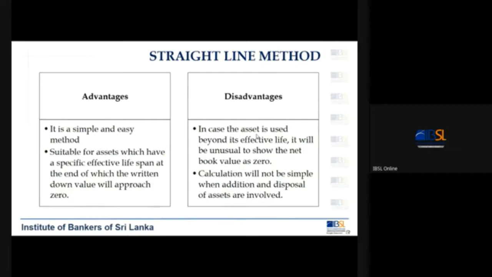What are the disadvantages? In case the asset is used beyond its effective life, it will be unusual to show the net book value as zero. Say, for example, you have a calculator. I'm just taking an example. This calculator is going to be depreciated using the straight line method.